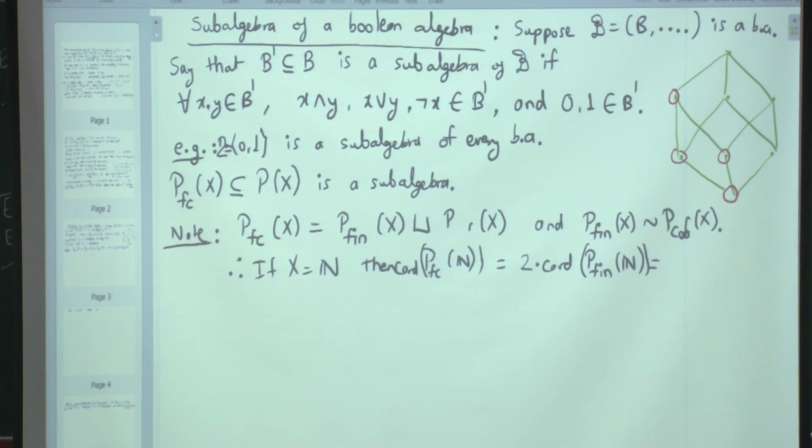The set of finite subsets of N is in bijection with N. So therefore this is 2 times aleph naught, which is aleph naught.